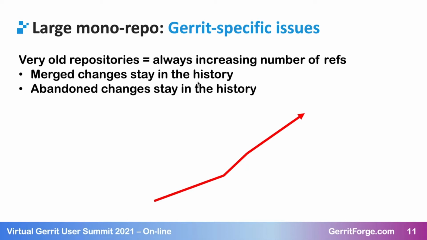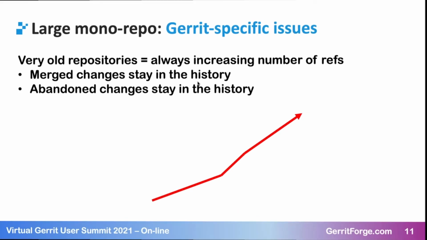That means that when a repo gets into such a bad state, it cannot get better. It can only get worse, because as the project continues to grow and have changes, the number of refs always goes up, never down.